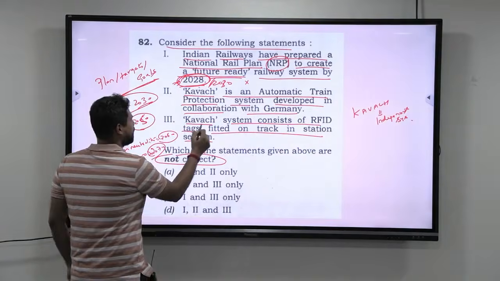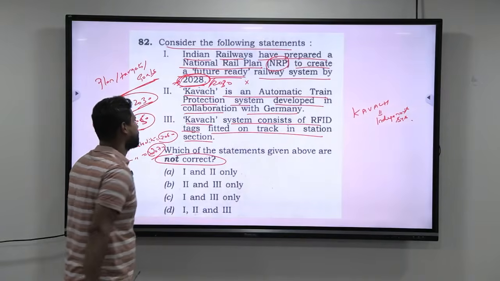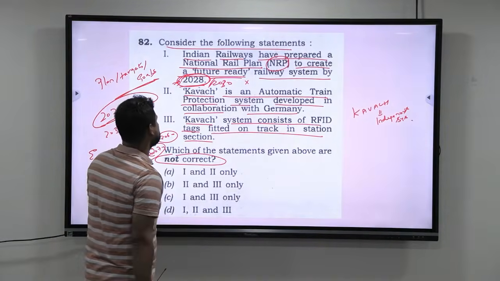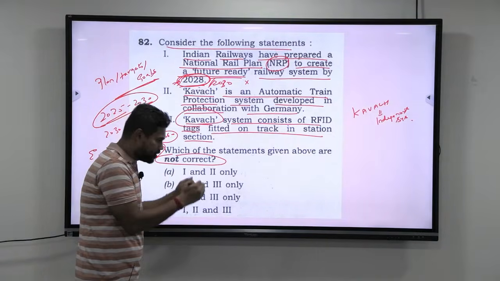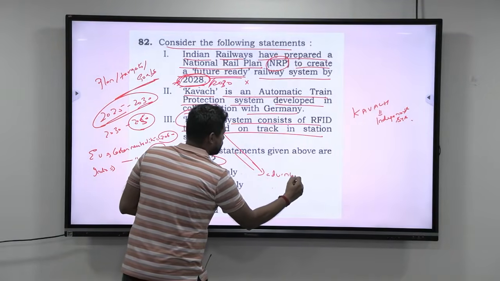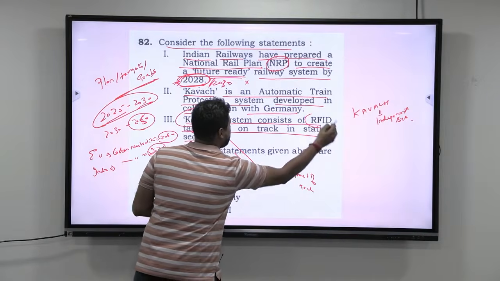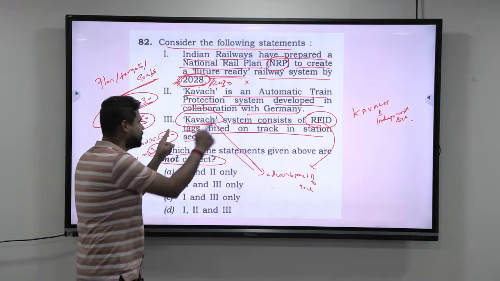Now come to this. Kavach system consists of RFID tags fitted on track in the station section. We know that Kavach is a type of protection, which means it has something to do with advancement of technology. RFID tag is also a type of technology, so there is consistency between them.